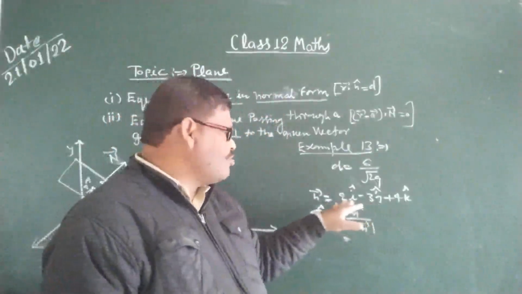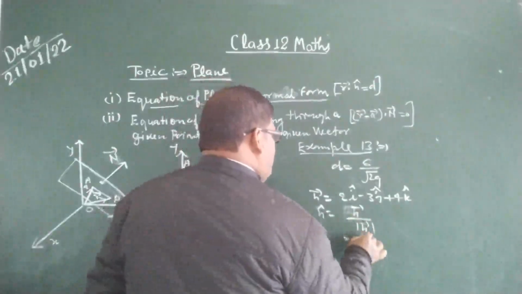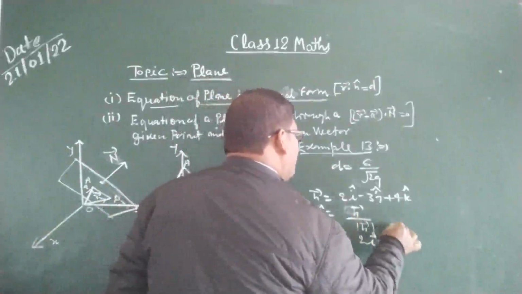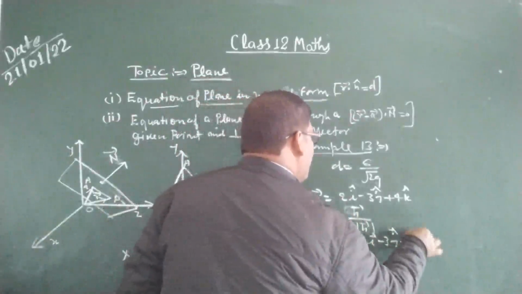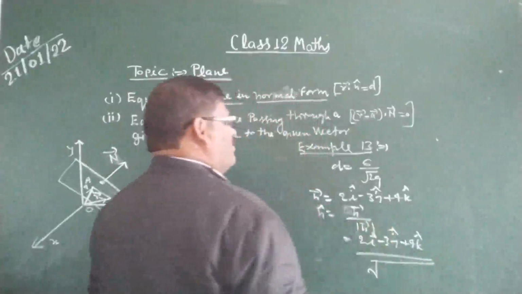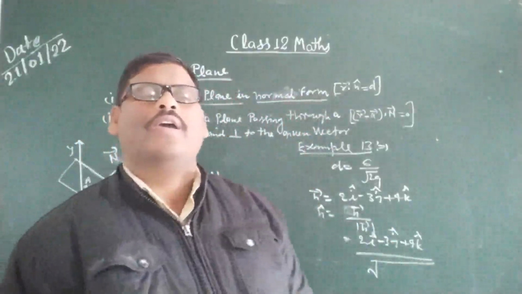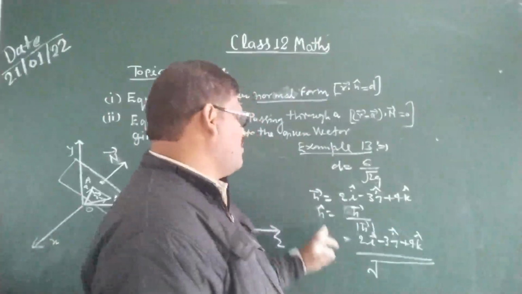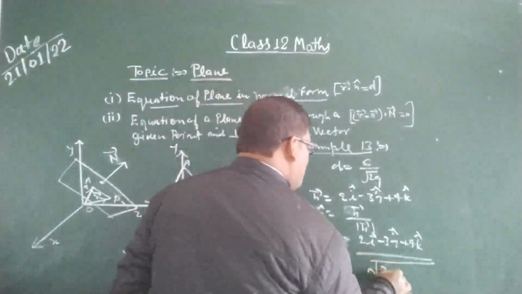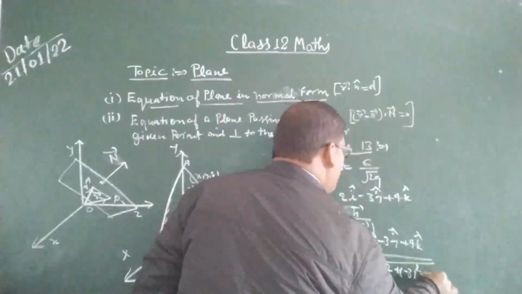Now find the magnitude of the vector, mod of vector n, that is 2i cap minus 3j cap plus 4k cap, by under root of the squares of the coefficients of i, j, k, and adding them you can find the modulus of the given vector n, that is the square of 2, that is 4, the square of minus 3, and the square of 4.